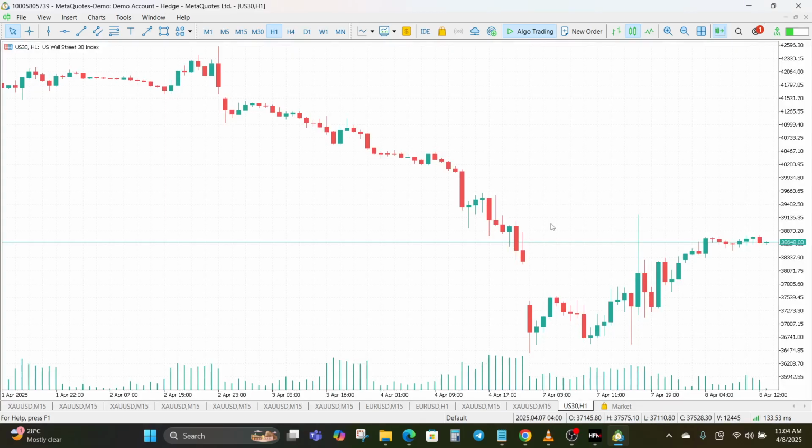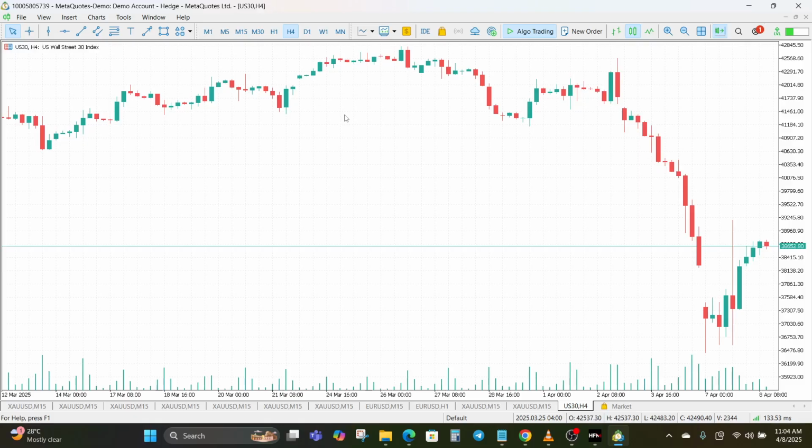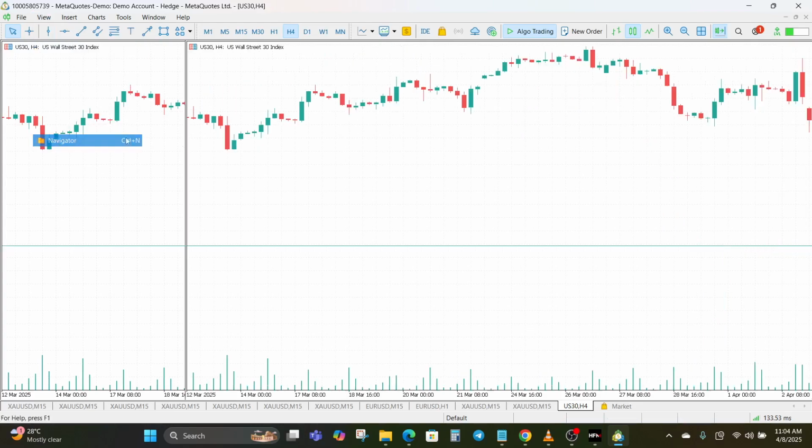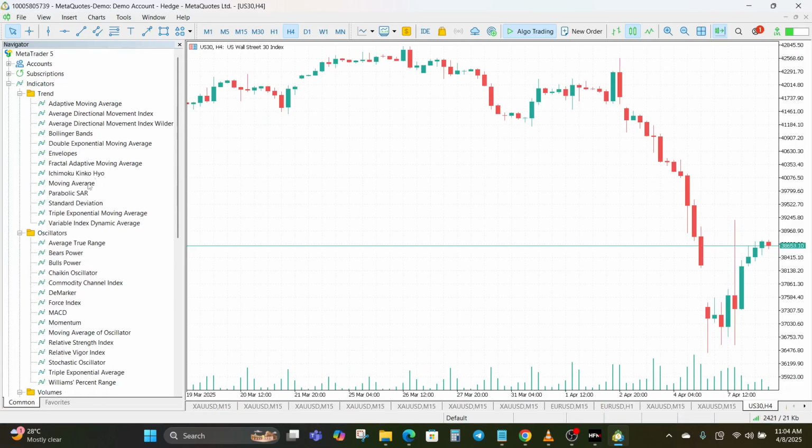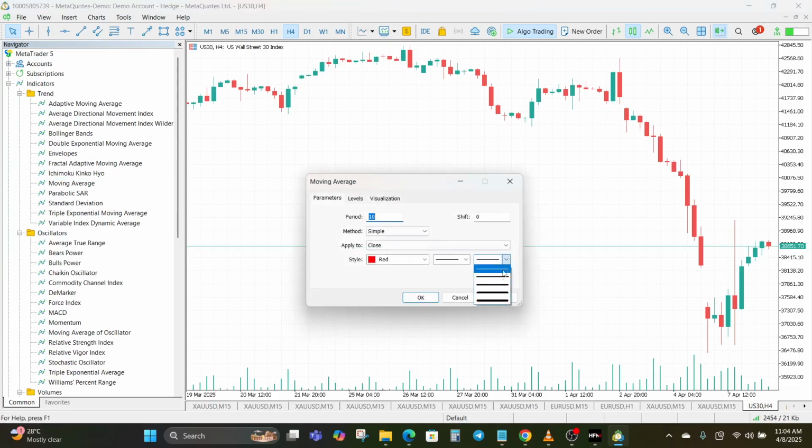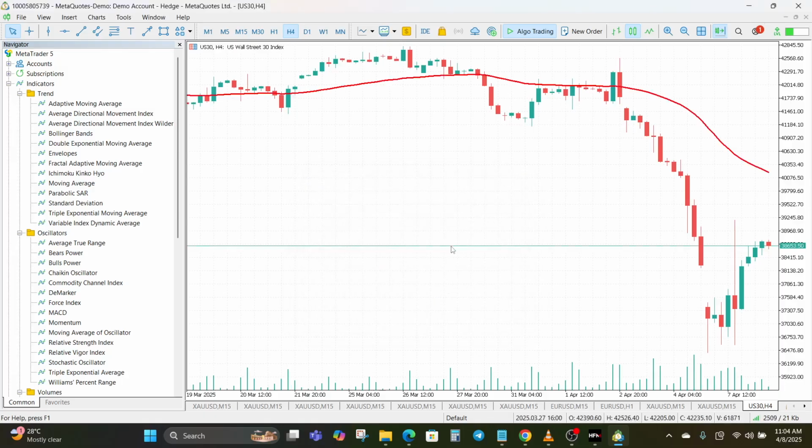Now let's talk chart setup. You want to use time frames like the M15, H1, or H4, depending on your strategy. For scalping, you stick to the lower time frames. For swing trading, the H1 and H4 work best. Add key indicators like moving averages, RSI or MACD to your chart, depending on your strategy.